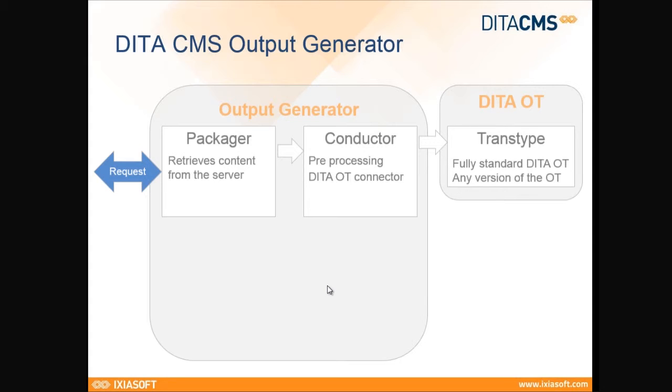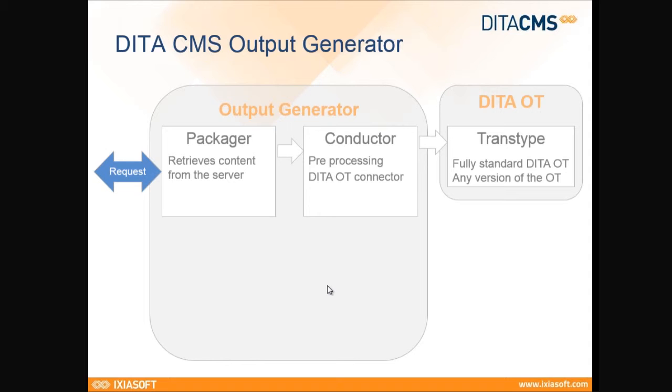Our first implementation, we had the OT within the same environment, so within the same Java virtual machine. That proved not such a good idea. So in our newer implementation, the OT runs as a completely, basically we launch a new virtual machine, and your connector points to your transformation types, and it runs in that little box.